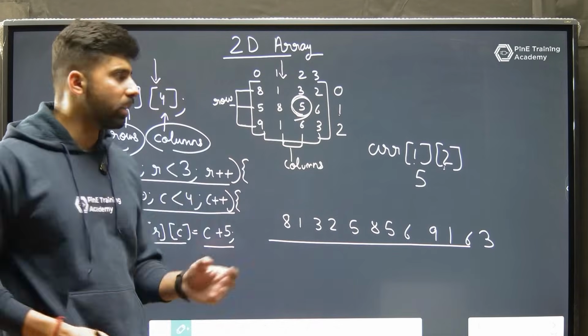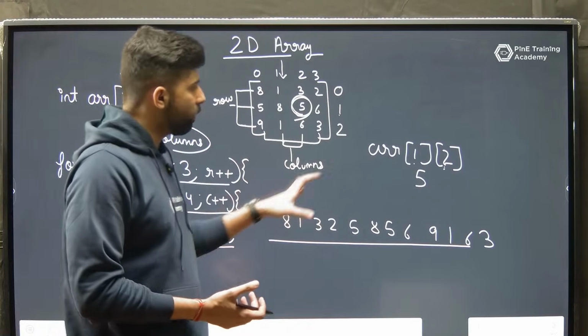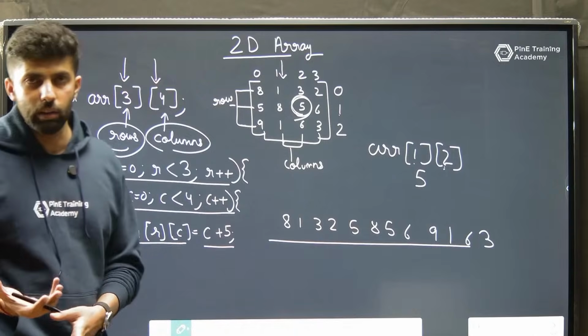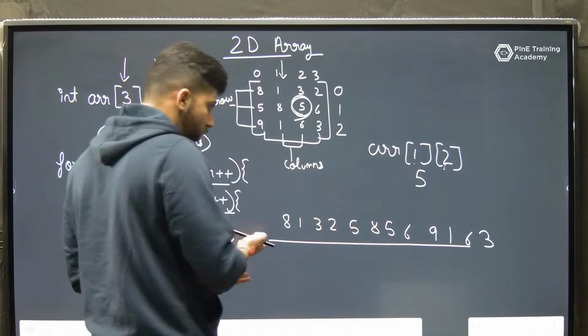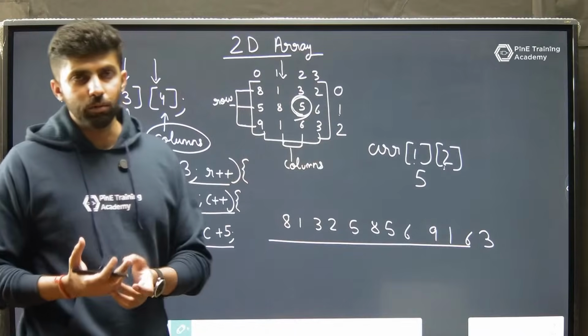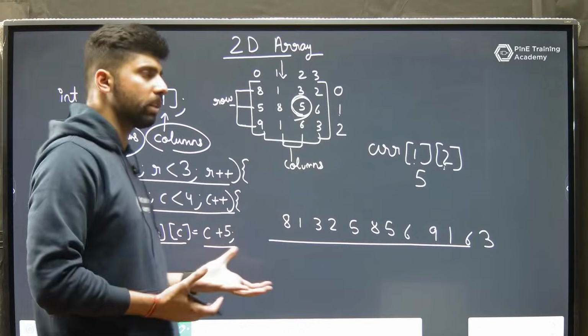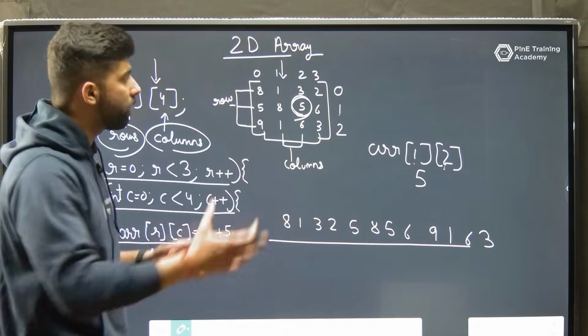But in computer there is no row, there is no column, but still the computer is able to give you the correct value. How? If it is storing the value like this, how is it giving you the correct value? For that, it again uses a very simple formula. I'm giving you the formula.